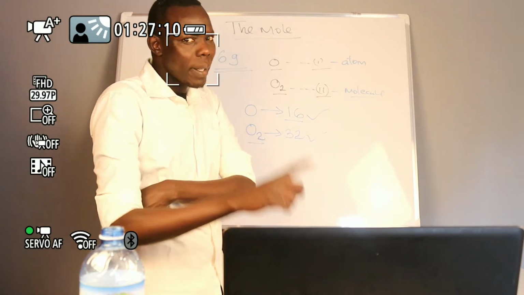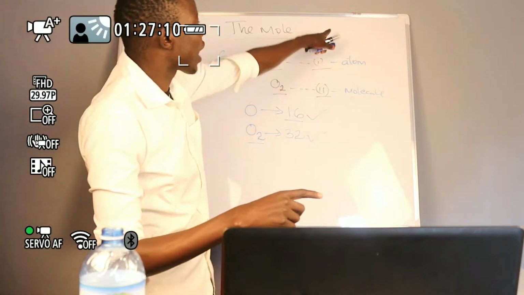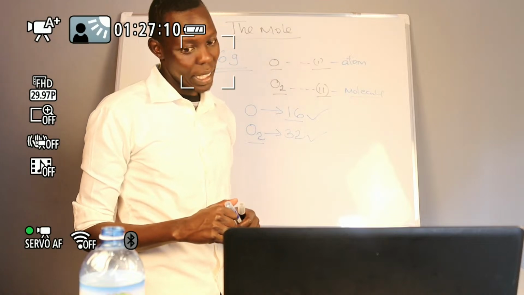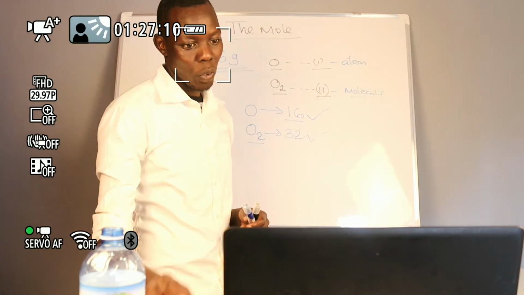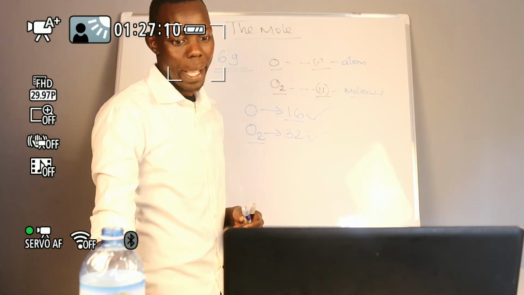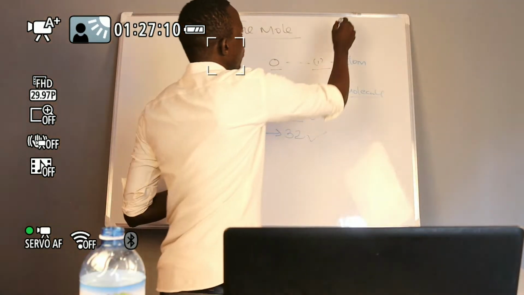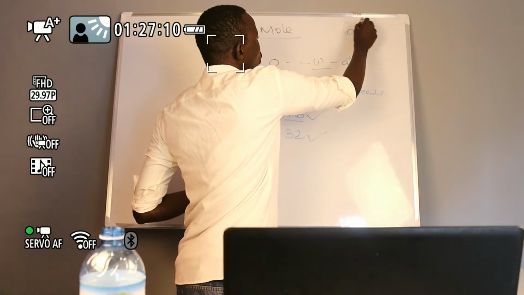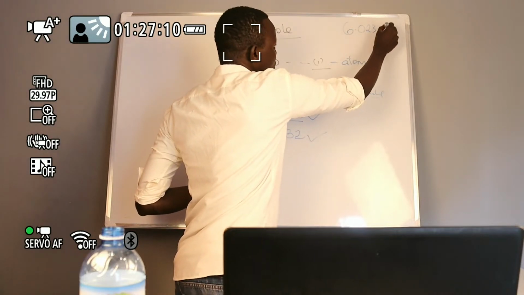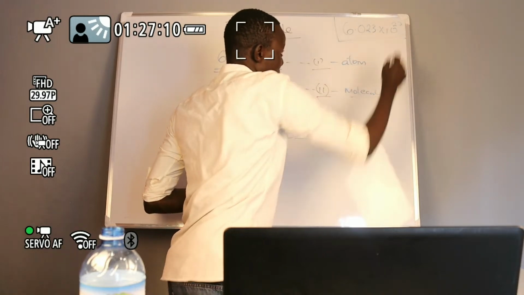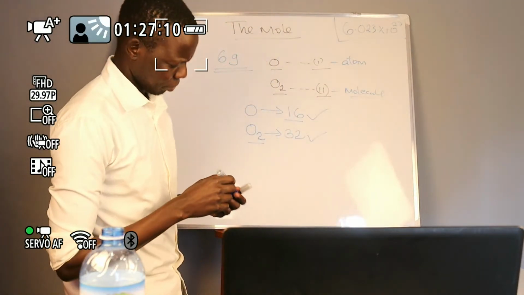Hey, you remember the Avogadro's constant? Nataka tuandike pale kwa kona so that you will be referring to it now and then, because you will actually require it so much. So if you have this value 6.023 times 10 power 23 atoms ama molecules.